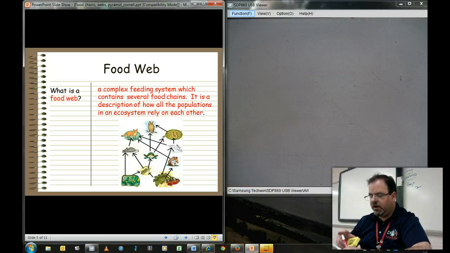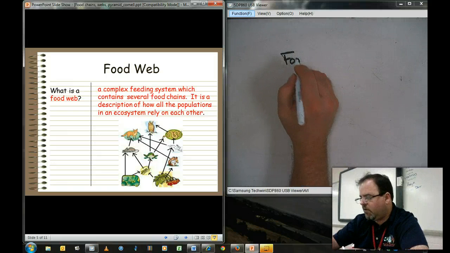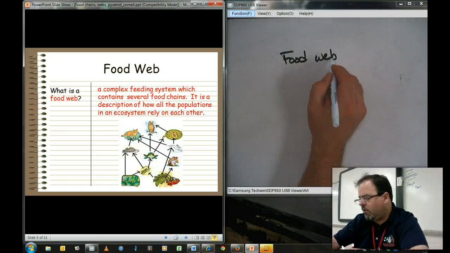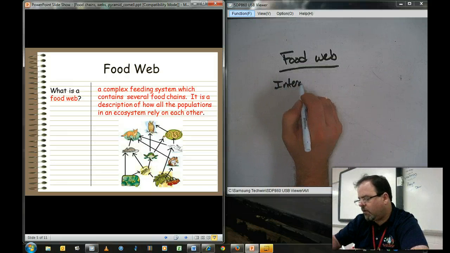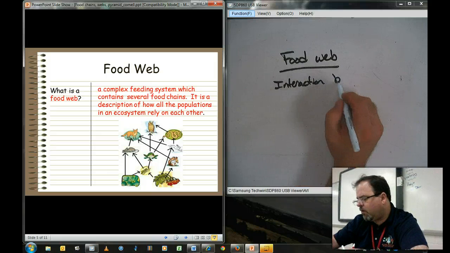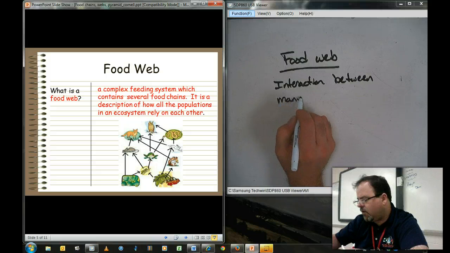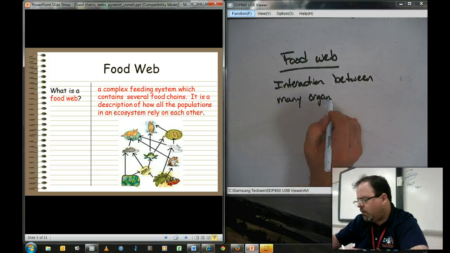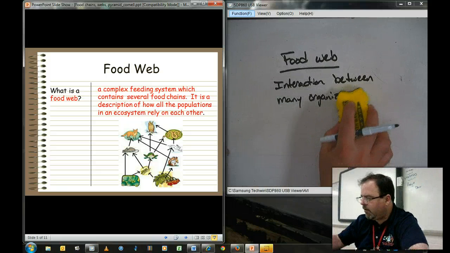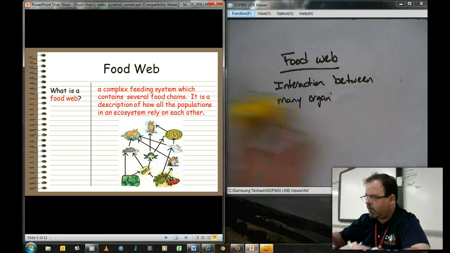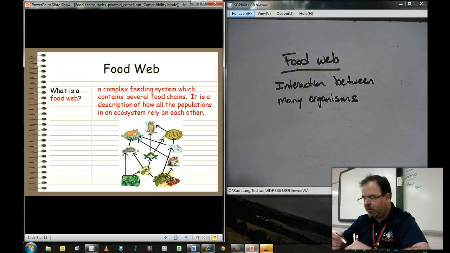A food web is really the interaction between many organisms.